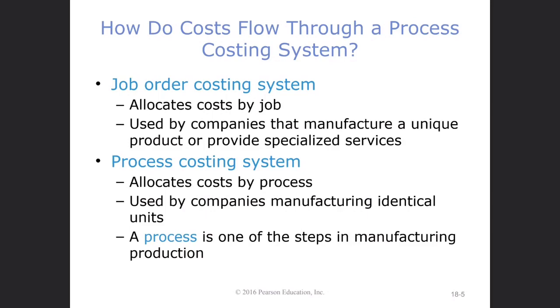They all use the same types of parts to put together an identical product at the end. A process is one of the steps in a manufacturing production. So a lot of times when we have manufacturing plants, there's a process that they're following. Think of an assembly line, where you're literally doing the same thing until the product is completed, like putting a car together.